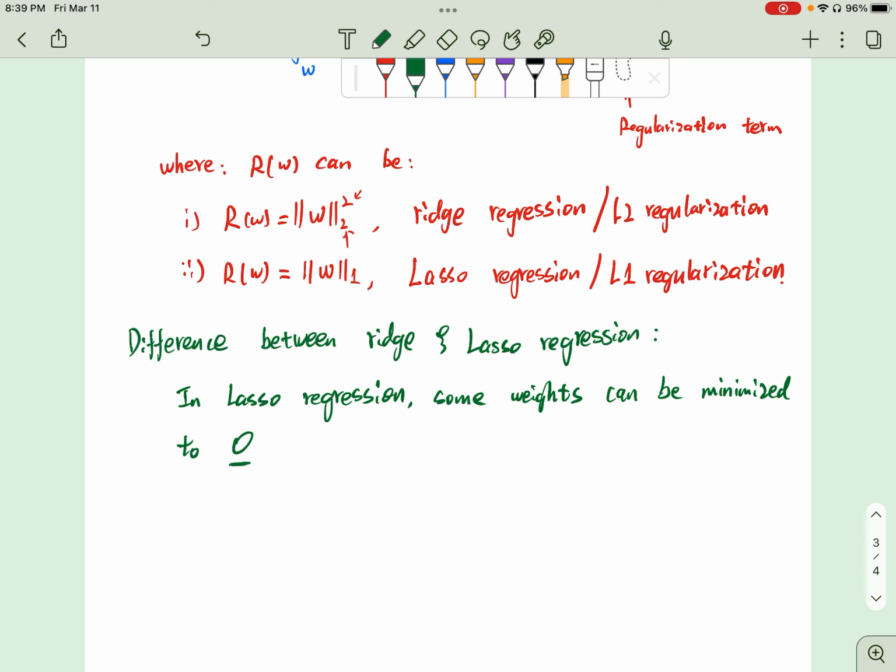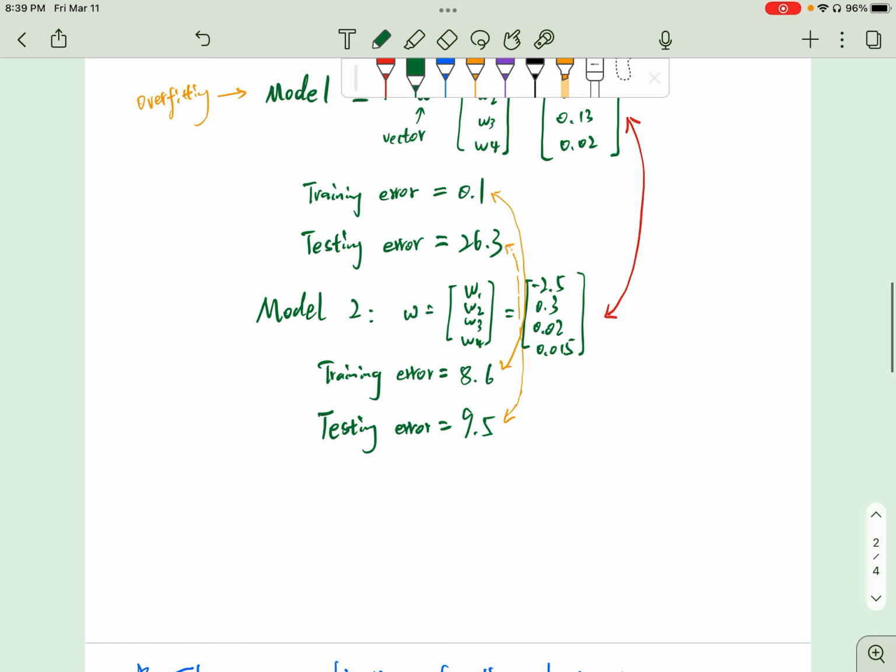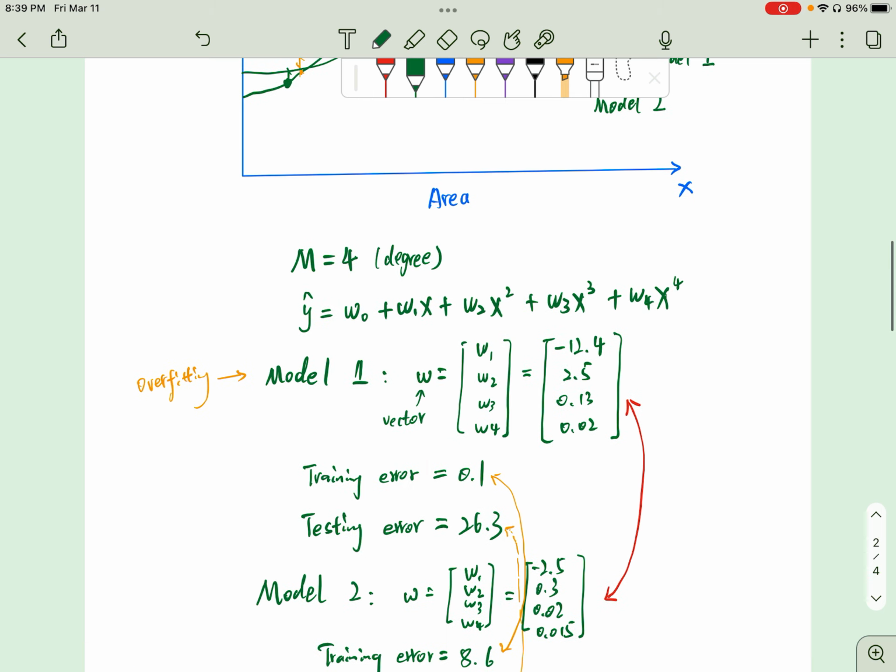Okay, it can take the value of 0. So when some omega, for example this omega or this omega, is minimized to 0, that means these two are gone, and it also means this term x raised to the power of 2 and x raised to the power of 3 are useless, right? Because the weights with them are 0. So these features are gone. We don't care about these two features.